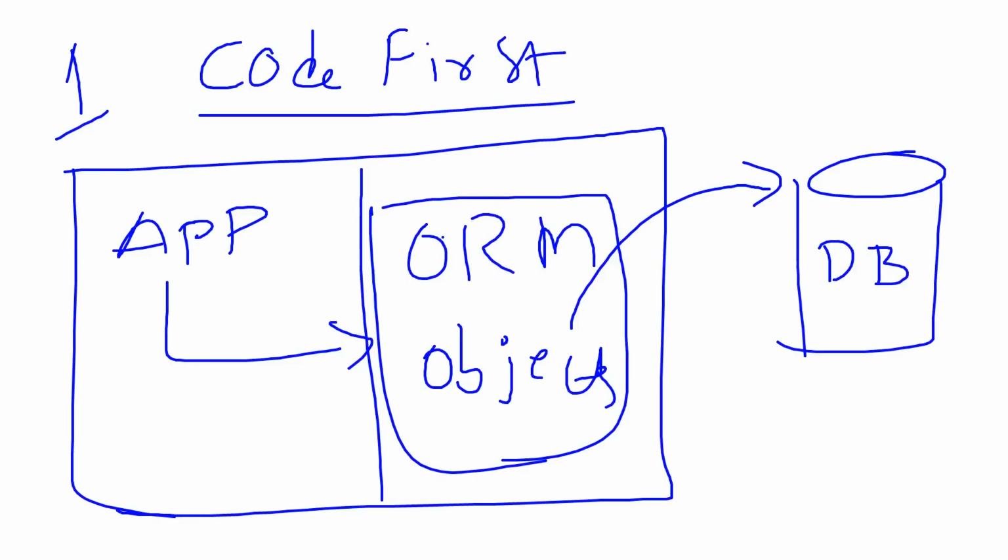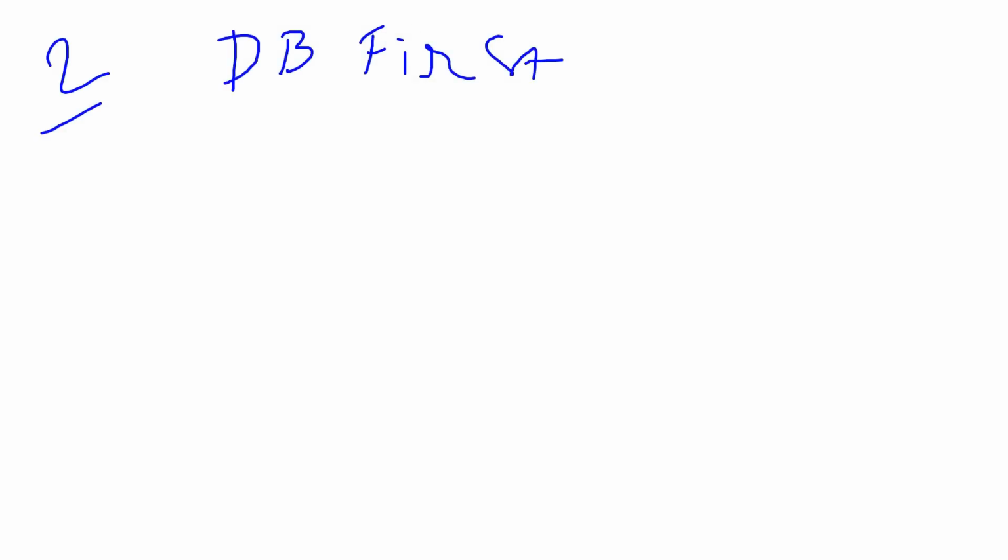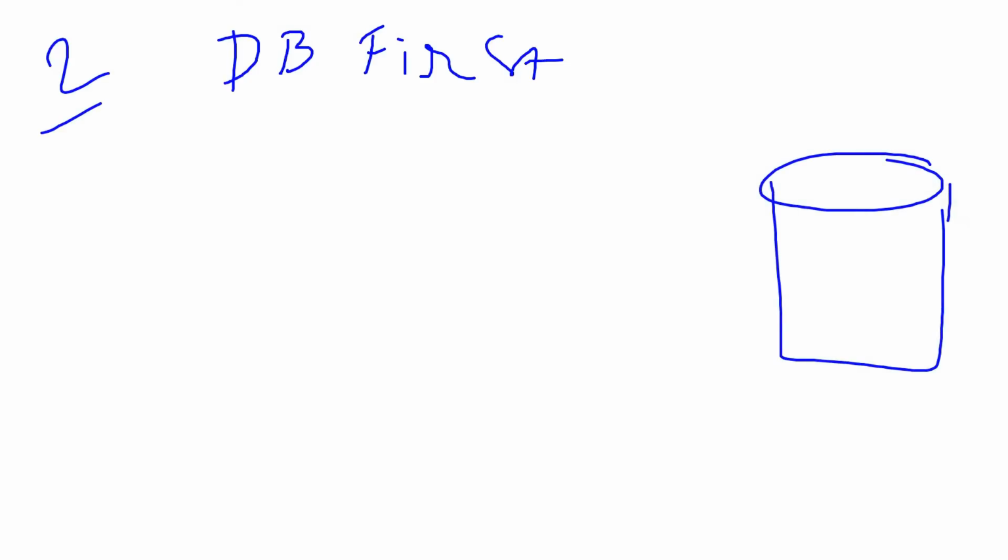Coming to the second one. The second approach here is the DB first approach. Inside this DB first approach, we need to create the database first. All the objects like tables, stored procedures, triggers, all. We need to create or prepare the DB first.